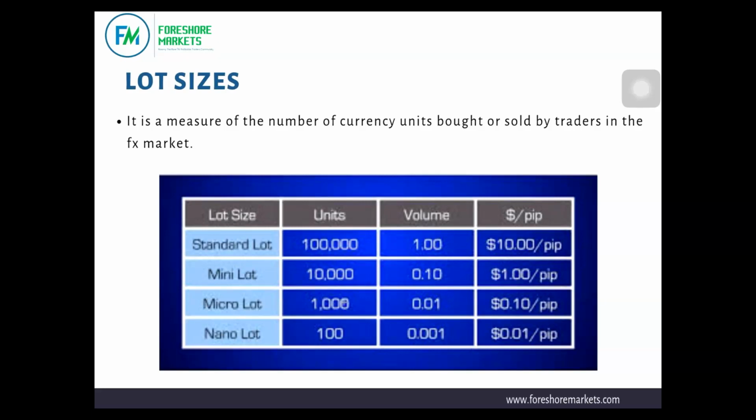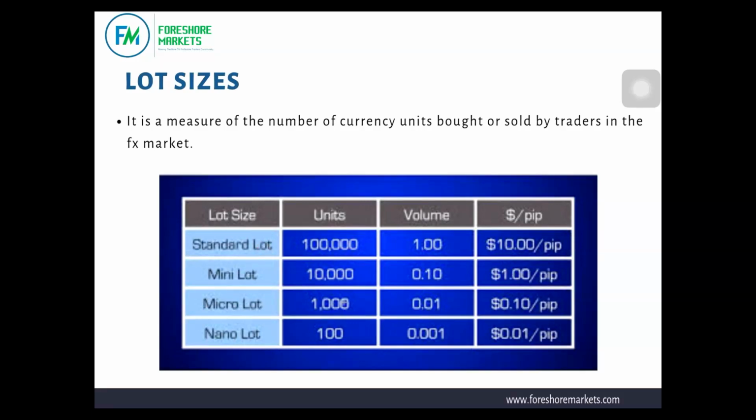And then when you buy one standard lot, using euro dollar as an example, 1 pip movement is equivalent to $10 plus or minus, profit or loss. If it goes positive, 1 pip is $10 profit. If it goes negative, 1 pip is $10 loss. Okay, same applies to mini lots. Everything on the mini lot line is 1/10 of the standard lot.